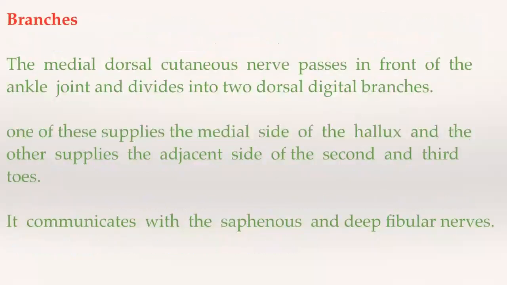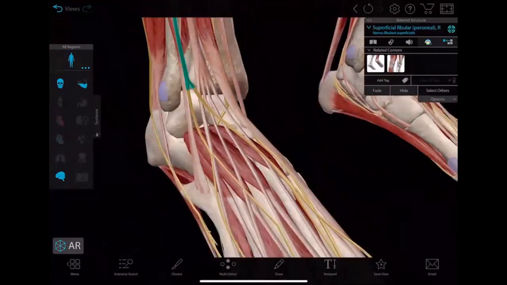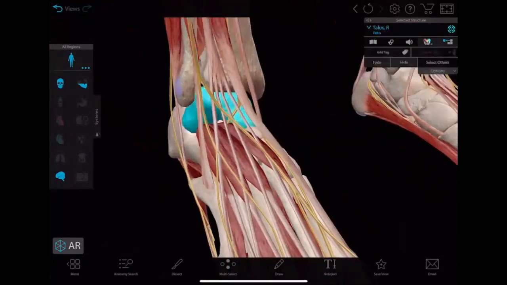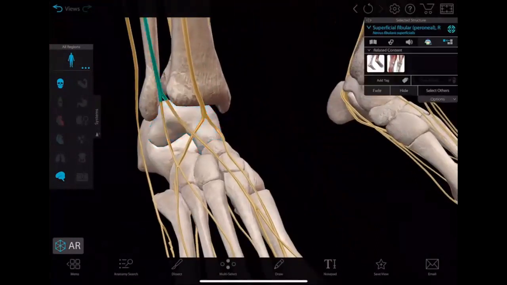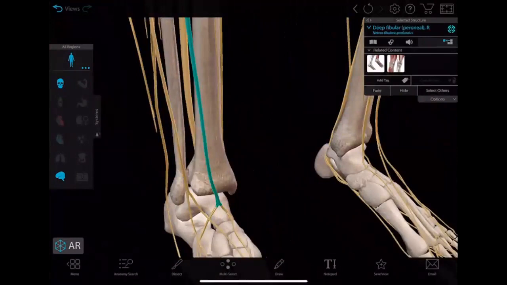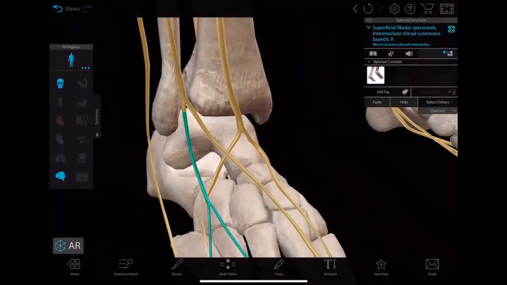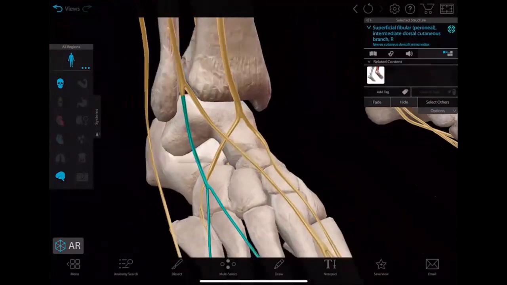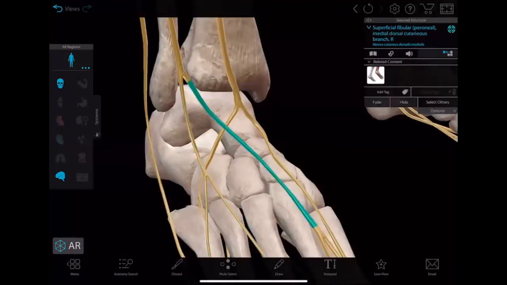The medial dorsal cutaneous nerve passes in front of the... okay, let's see. So you see, I will divide this. This is the superficial fibular, whereas this one is the deep fibular. We are concerned only about the superficial now. This is the intermediate dorsal cutaneous branch, whereas this one is the medial dorsal cutaneous nerve.